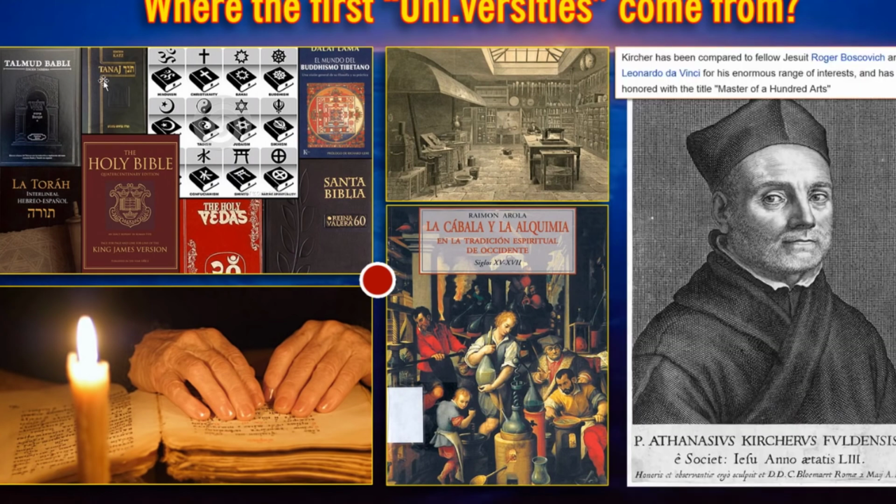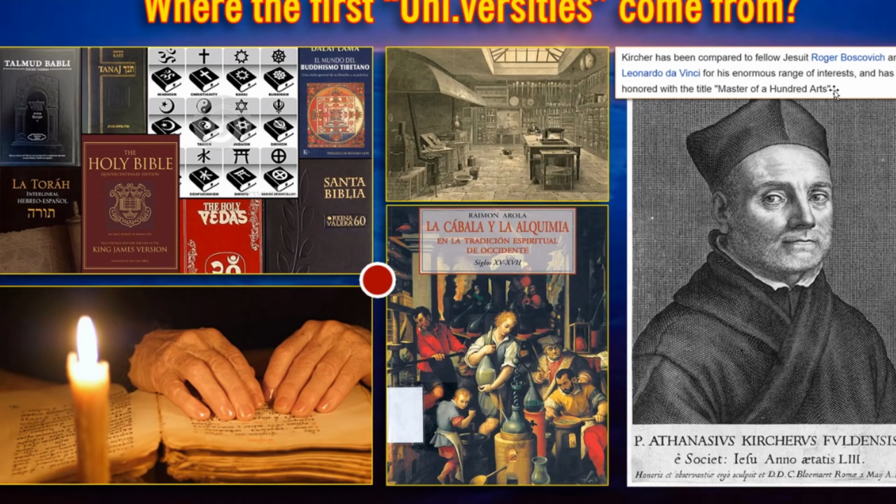Okay, so a few nice characters that appear in history that nobody talks about. For example, the first one that I came across was Kircher. He has been compared to the fellow Jesuit Roger Boscovich and to Leonardo da Vinci for his enormous range of interest, and has been honored with the title of Master of the 100 Arts.